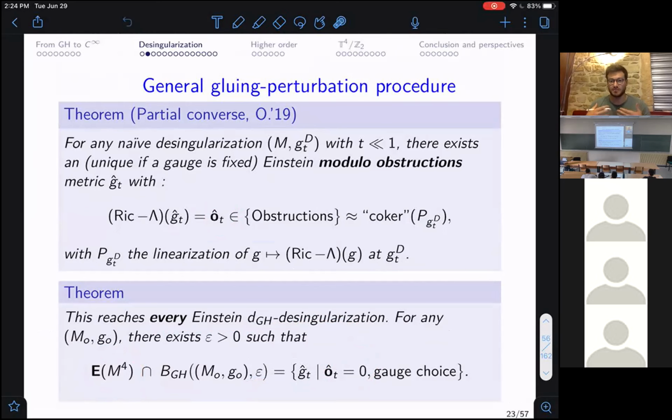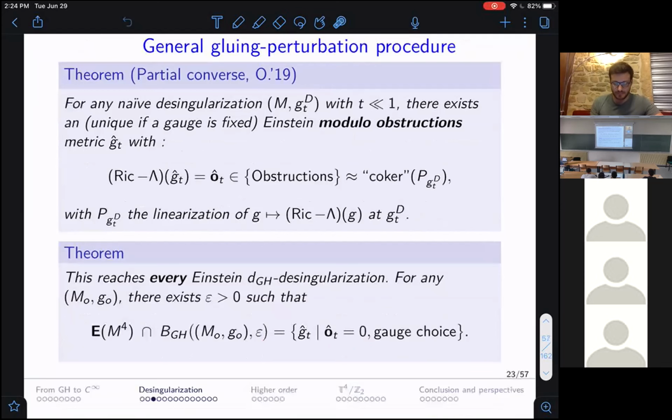Whenever the obstructions vanish, they are Einstein metrics. And you see here that my C1 function, of which the moduli space is 0, is this O hat T. And the G hat are my submanifold in which we want to find the zeros, which are exactly the moduli space.